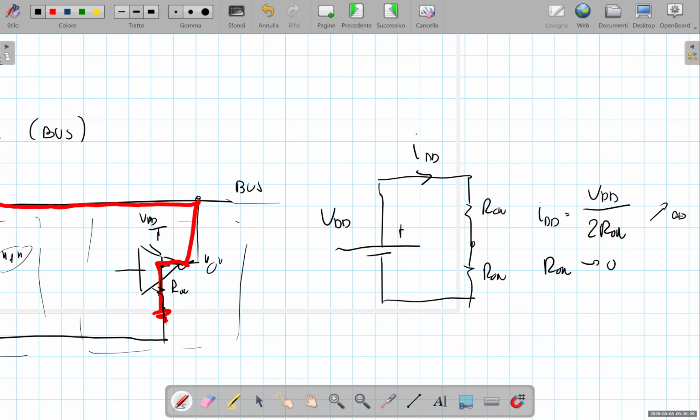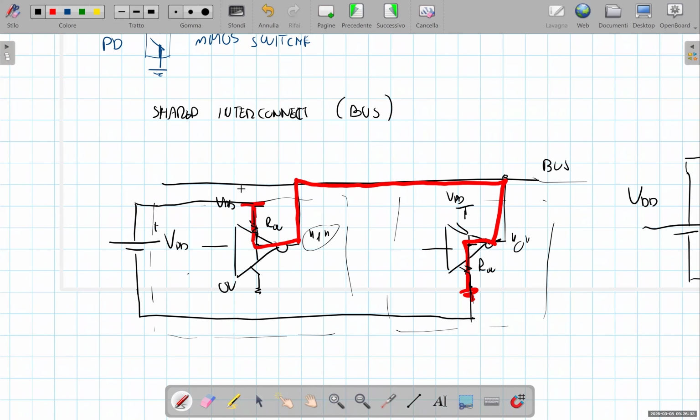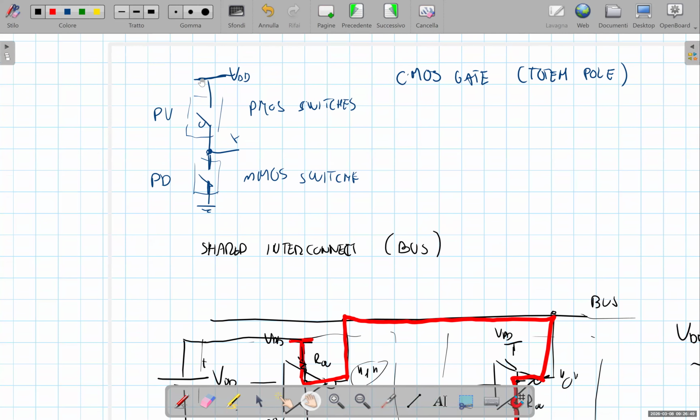So it's very large. What happens in practice is that such a large current may damage the structure of the gates and lead to permanent damage. For this reason, we cannot use gates that are characterized by two networks of switches connecting the output either to the supply or to ground.